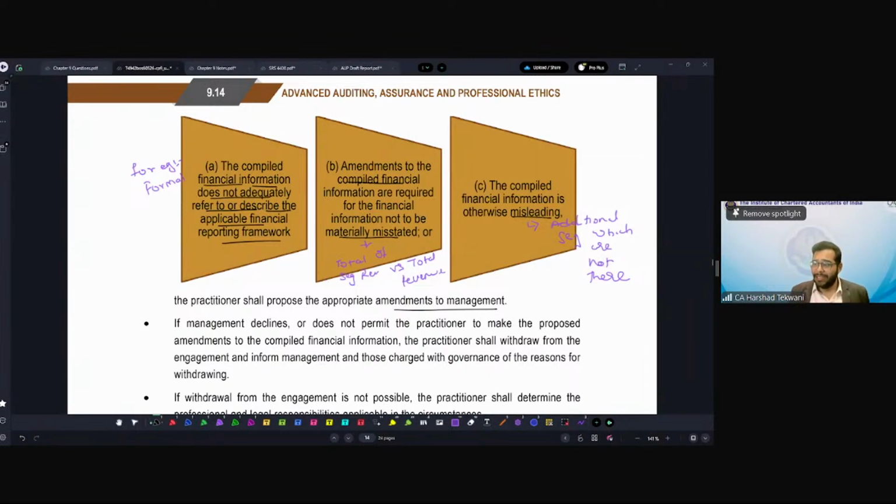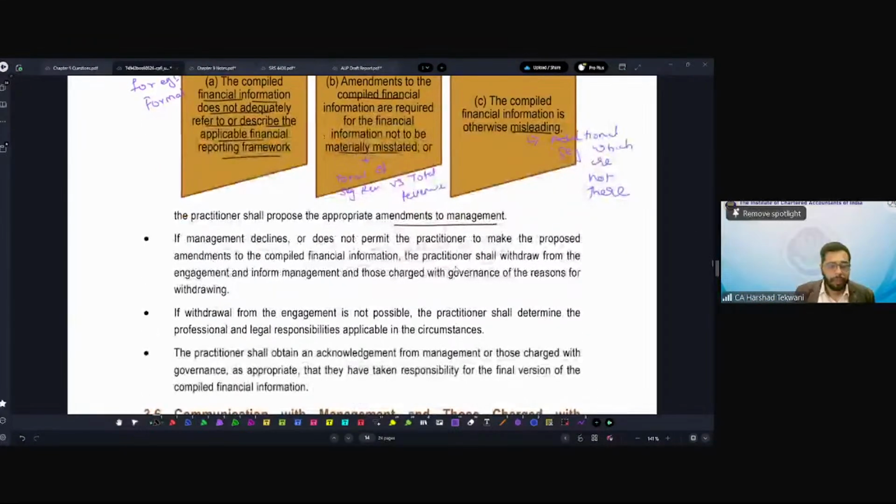If management declines, does not permit you to make amendments, if management does not allow you to make such amendments, simple, withdraw. So if management does not permit, or if they do not agree, then in that case you need to withdraw from the engagement by providing the reasons why we are withdrawing. If withdrawal is not permissible, then you need to seek what your legal responsibility is.